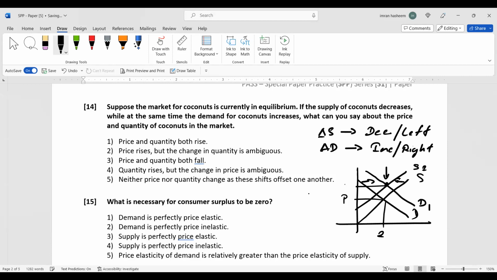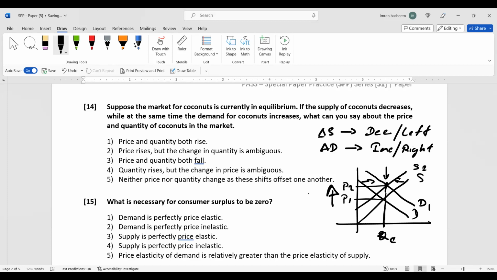So I will have a higher price. P1 becomes P2. Price will definitely increase, but if I keep the proportions the same, the equilibrium quantity doesn't change.